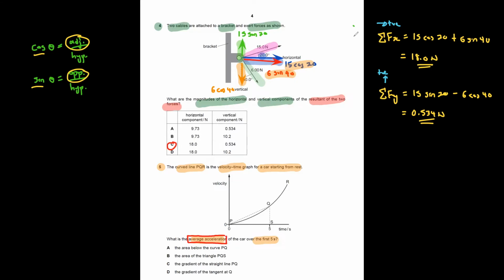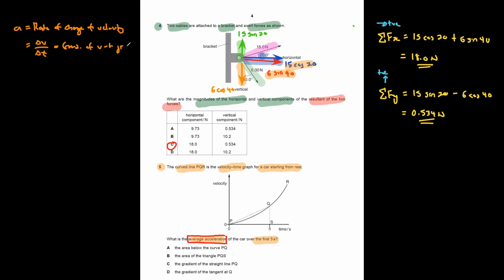So what you learned last time was this. In general, when you're talking about acceleration, we know it is the rate of change of velocity, which is just delta V over delta T, which is in turn the gradient of your VT graph. Okay, but what I never really mentioned to you last time was this.